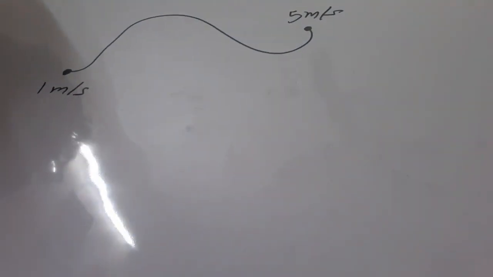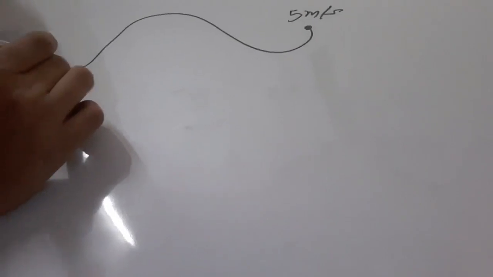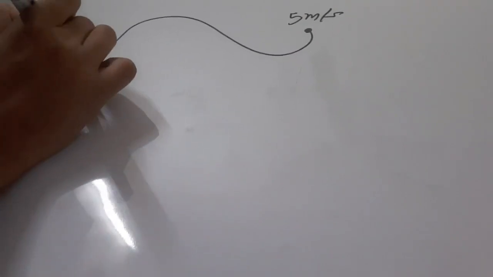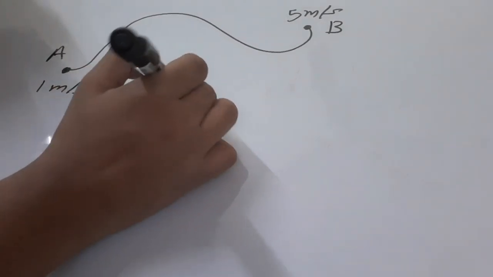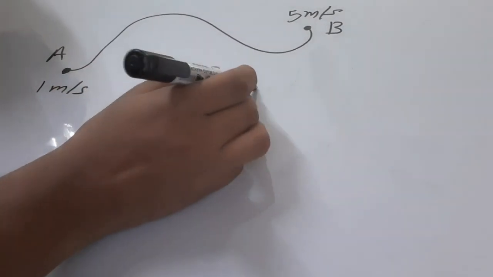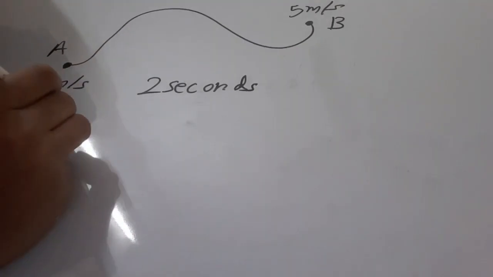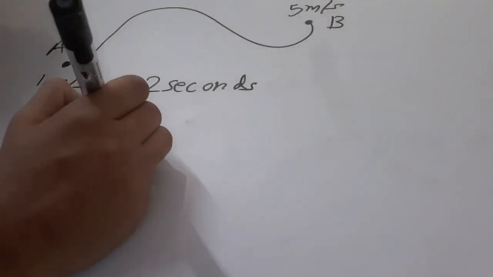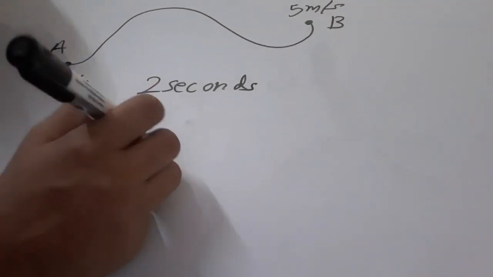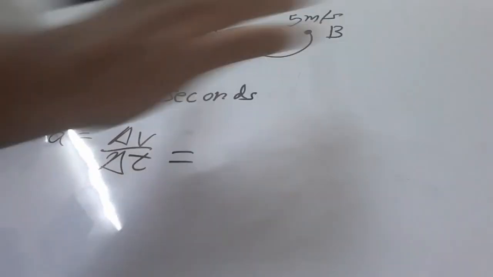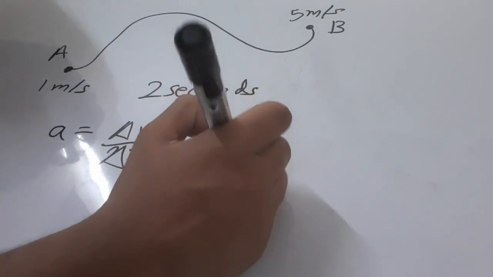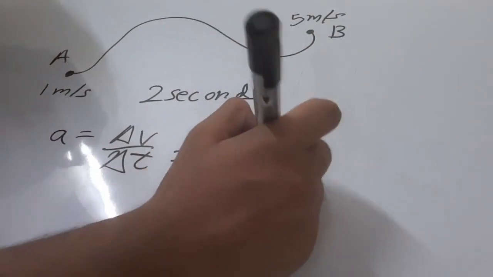And the time taken by me to reach from point A to point B was 2 seconds. So acceleration here would be a equals delta V upon delta T. Delta V means the change in velocity. Change in velocity is 5 minus 1, which is 4, and delta T is 2. So 2 meters per second squared.